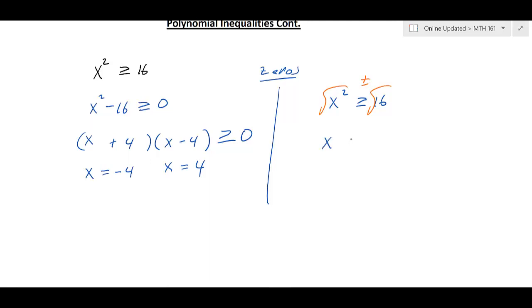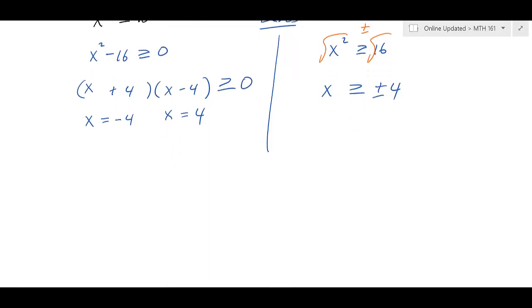So x would be equal to plus or minus 4. Okay, so that gives us the same answer we had over here. So if you didn't want to factor this, the easy way would be to take the square root of both sides. Now, once we have these zeros, these key points, that will allow us to set up our test intervals.